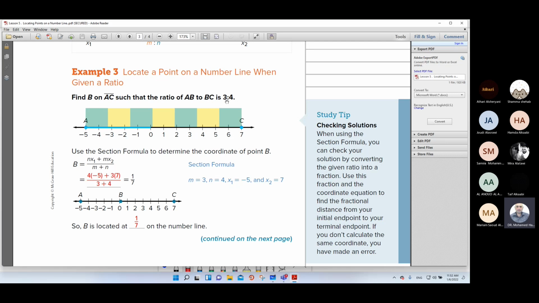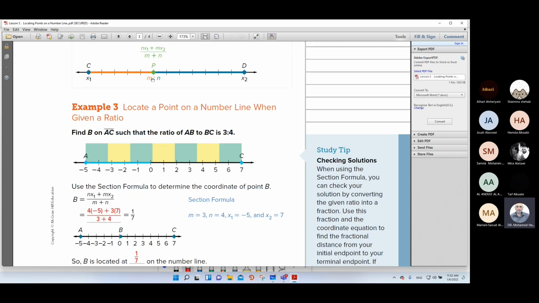That means 3 is M and 4 is N. As you see here, the distance from the point to the first point will be M, and from the point to the last point will be N.